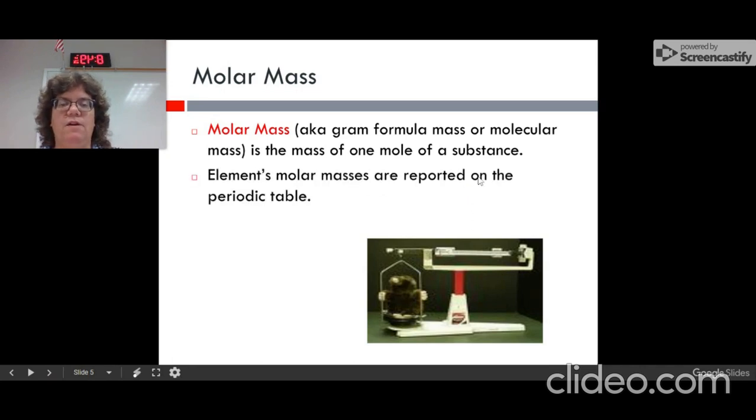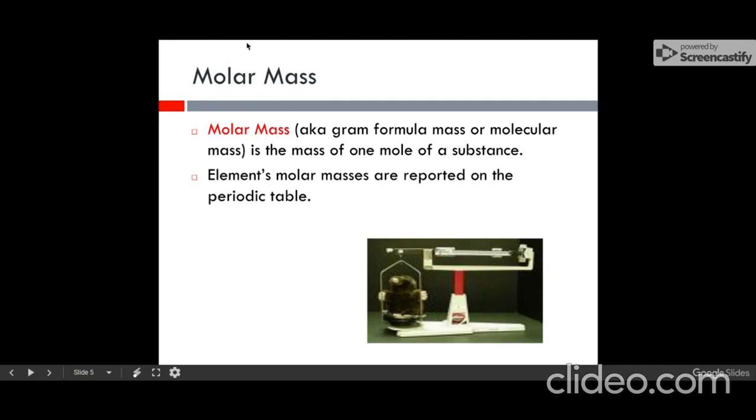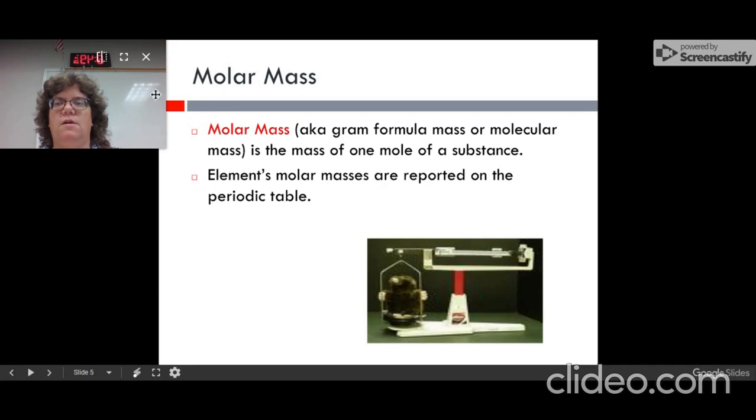The way that you calculate the molar mass, it's actually easy with elements because they're just written right on the periodic table. You can see how much a mole of each element weighs.